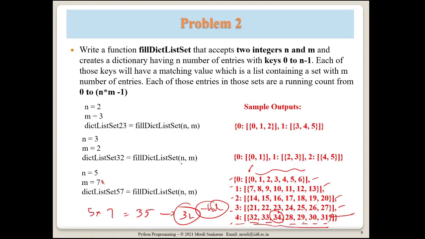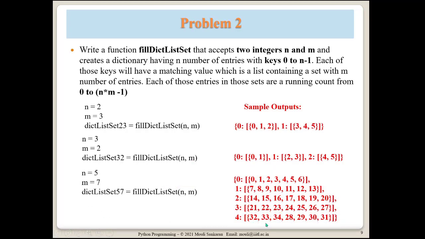I think mostly you are also having version 3.8, so you should get the same output. Let me know in case you are getting something different. I presume that when it is building the set, it doesn't maintain the order. It doesn't matter, as long as you have all the unique values in each set, it is fine. This is what you need to build.